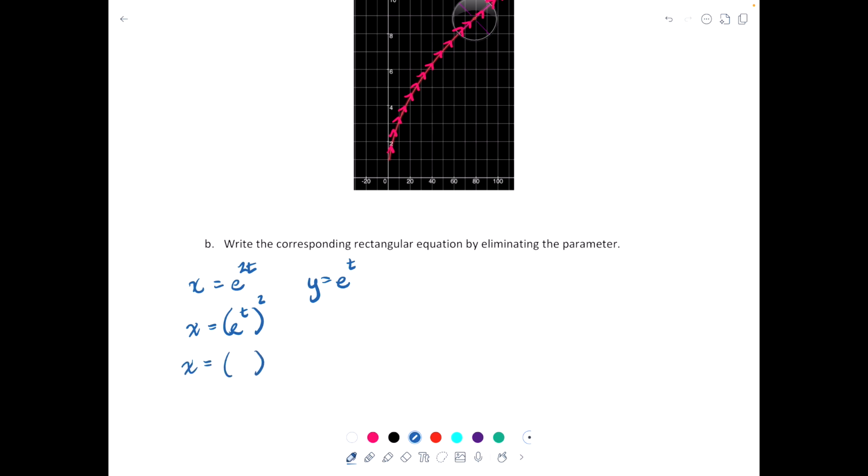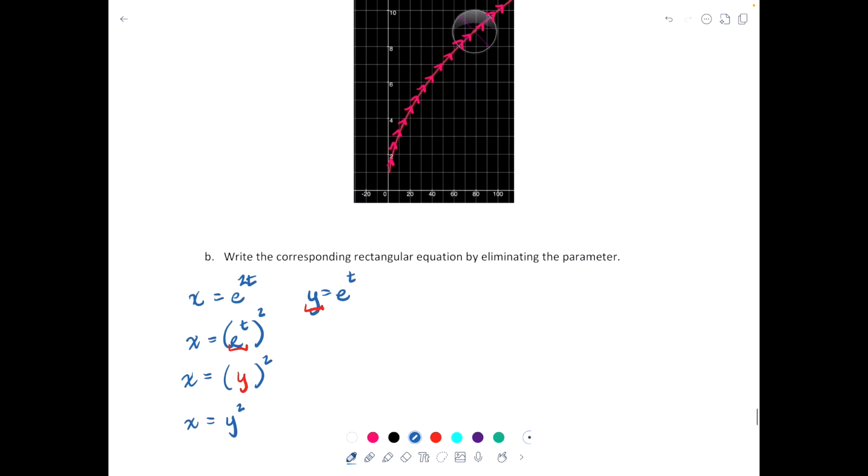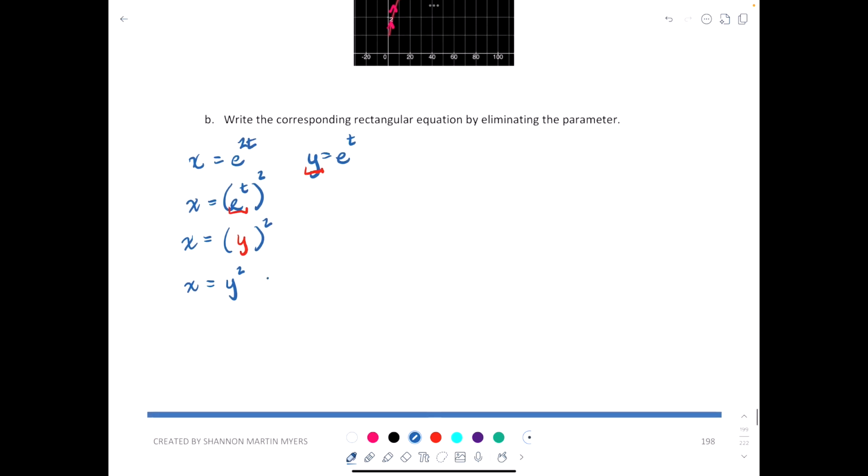So in for e to the t, we're going to put y. And so x is equal to y squared. And we're going to have to limit this to start with x greater than or equal to 1. Groovy?